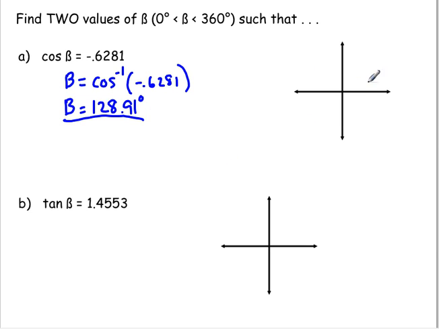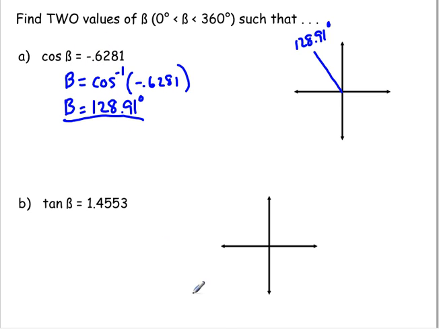It's going to help if you draw a picture. About 128 degrees, draw maybe right about here. Now, do you see how the value of cosine was negative?